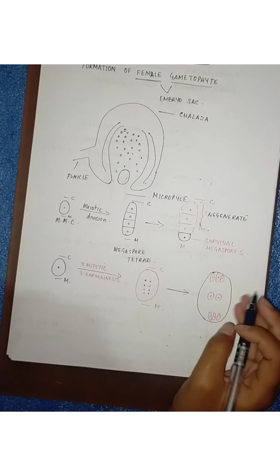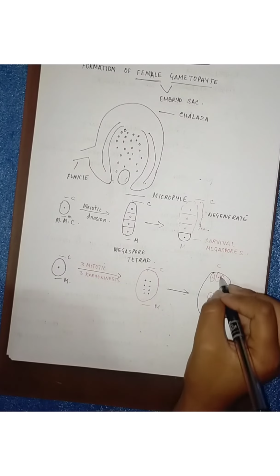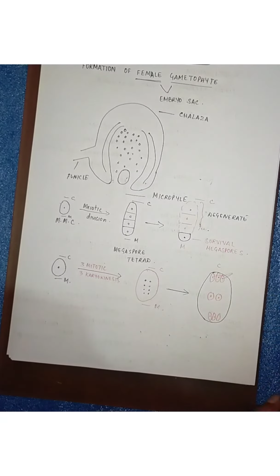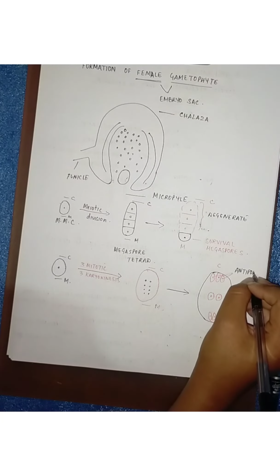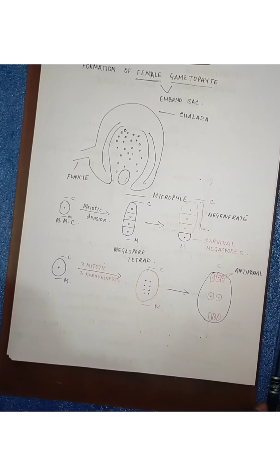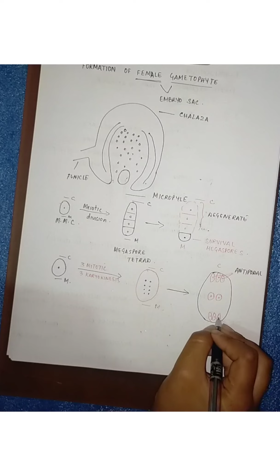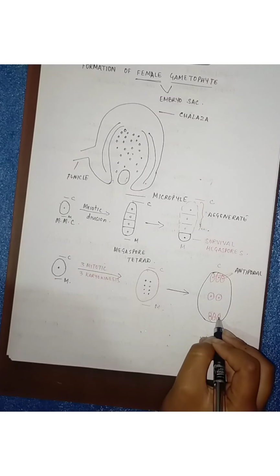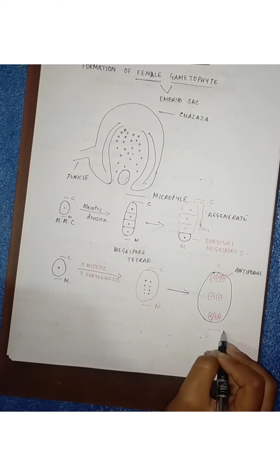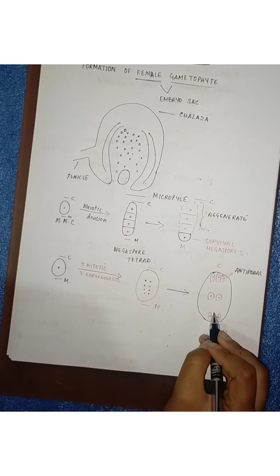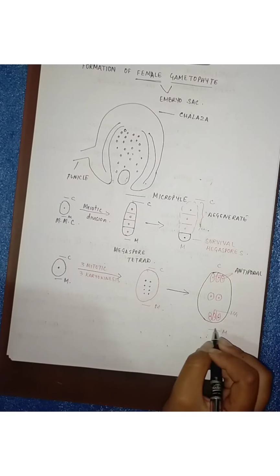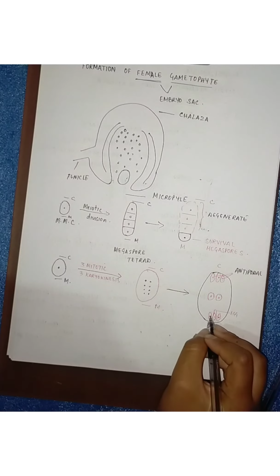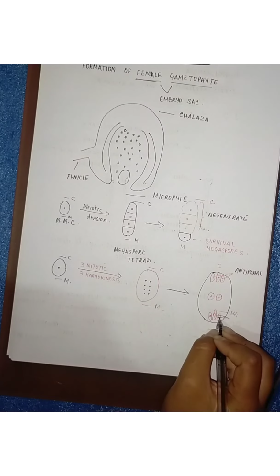These 3 cells which are present towards the chalazal are known as the antipodal cells. The 3 cells towards the micropyle: the cell in the middle is known as the egg, and the 2 other cells on each side of it are known as the synergids.